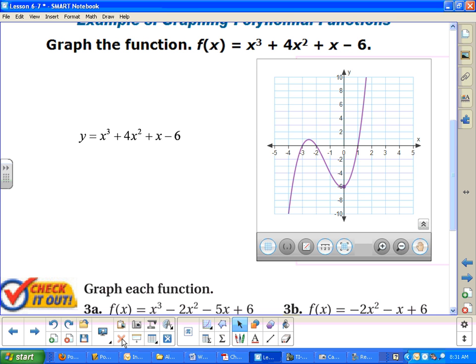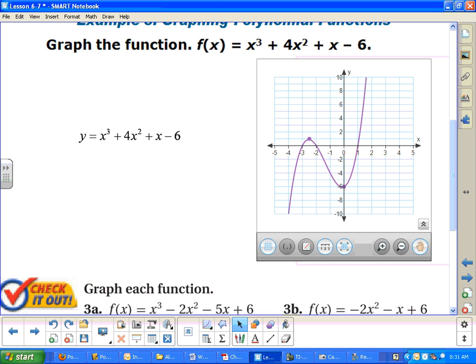A maximum, right? That could be a maximum, and then this one here would be a minimum. So I need to make sure those points are correct also.